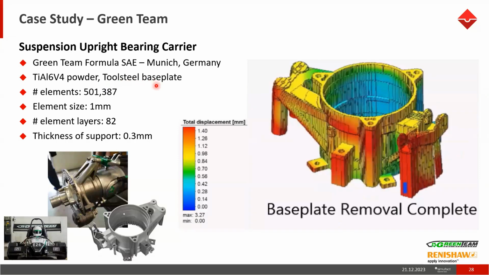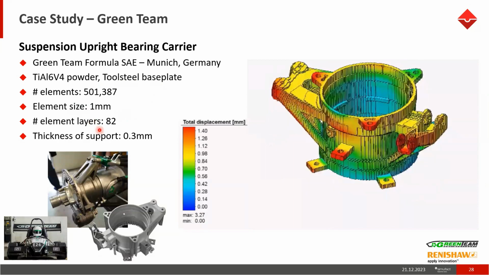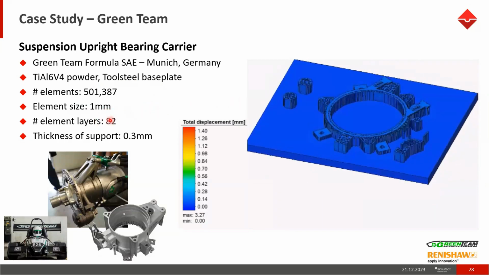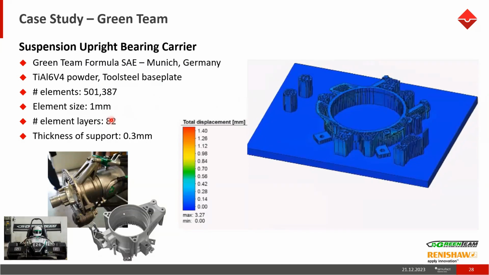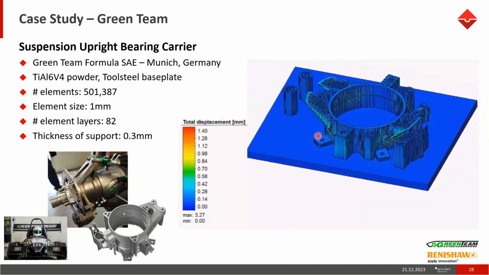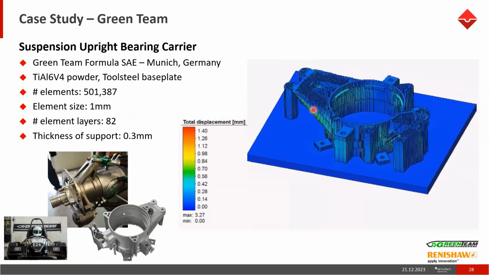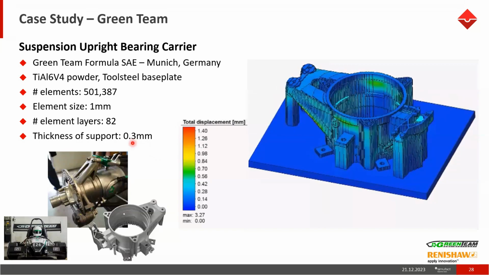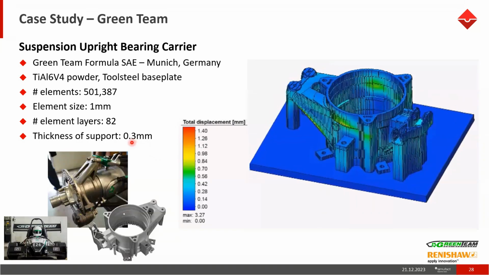This is the element size coming to the FEM part, and the number of layers they used to build the part. Some 82 layers they put to simulate this part. The support structure thickness is around 0.3 mm.